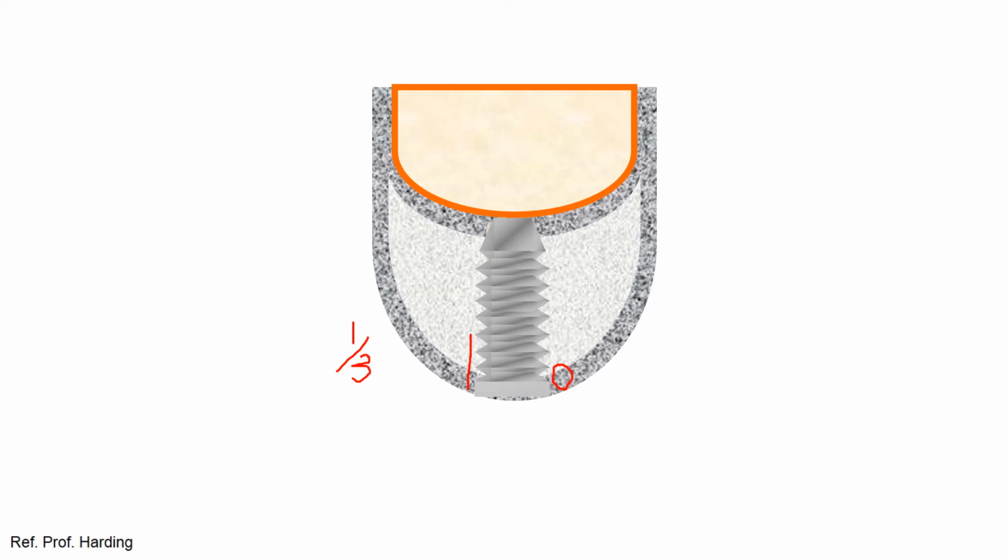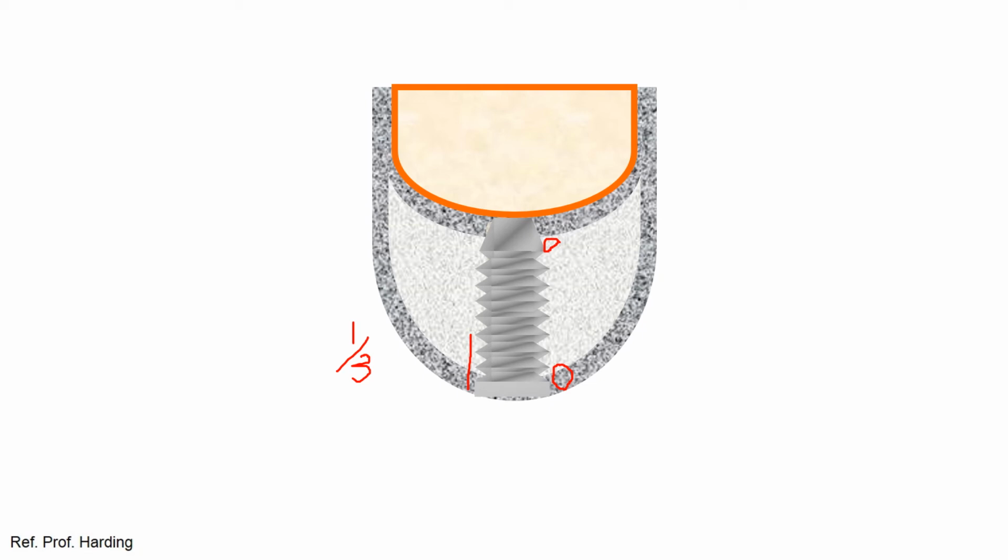As you go further down the implant, the load dissipates pretty quickly and it's negligible. Probably the load being taken in this area is 0. So we really need to have good dense bone, good mechanical firm fixation in the coronal area of the implant, at the neck of the implant.